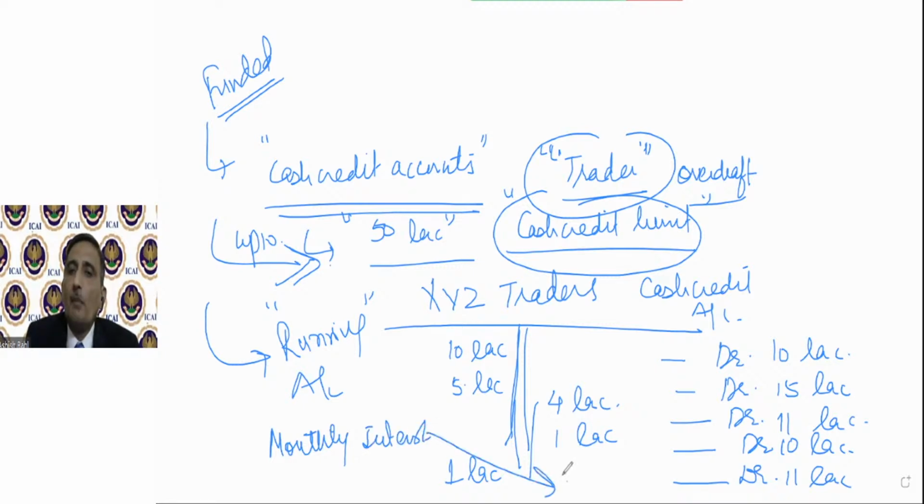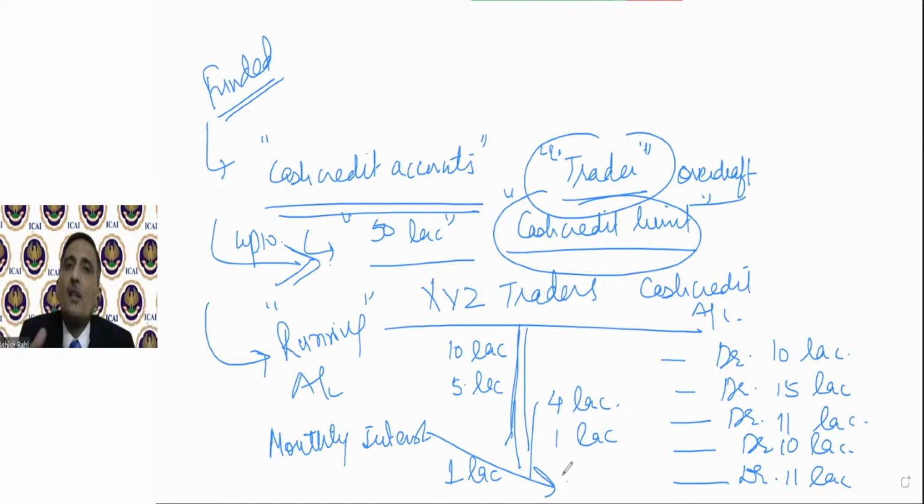This also has to be paid by trader XYZ. Yes, Alok, you can say that for easy understanding. So you understand cash credit accounts, overdraft accounts, and loans repayable on demand.